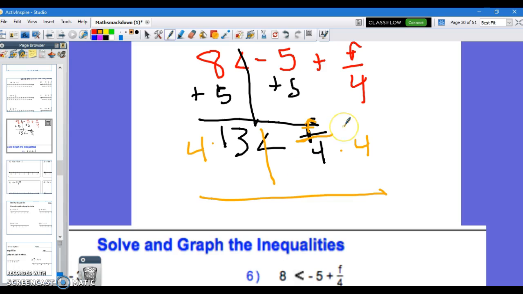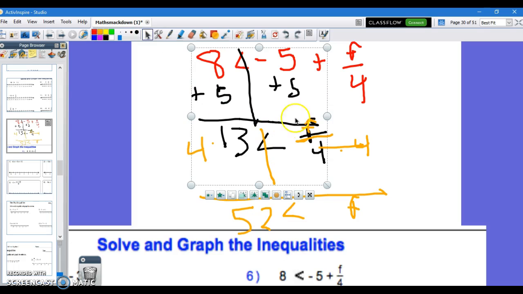So now, remember that whole long story short thing. If you multiply this fraction with this, these are going to cancel out, just leaving you f. Remember that? Keep your inequality sign. And then 4 times 13 is 52. So what I have is 52 is less than f.